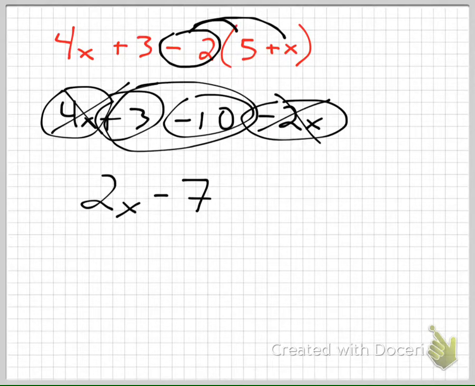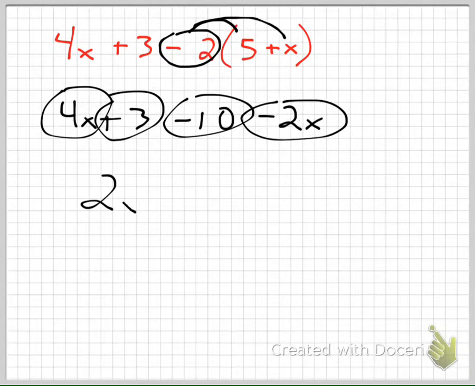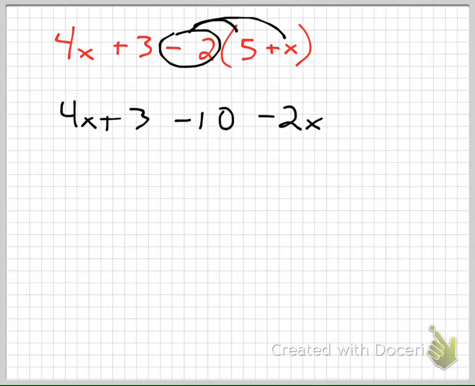And you have 6x, which means that you put 4x and then you added 2x. That's not true. When you did this, you put a plus 2x there. That's not true. It is -2 times x, which is -2x. Right? Makes sense? Let's do another one.